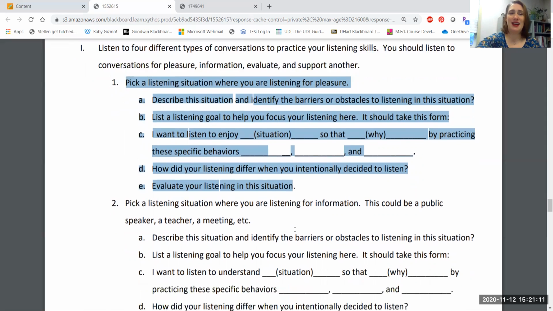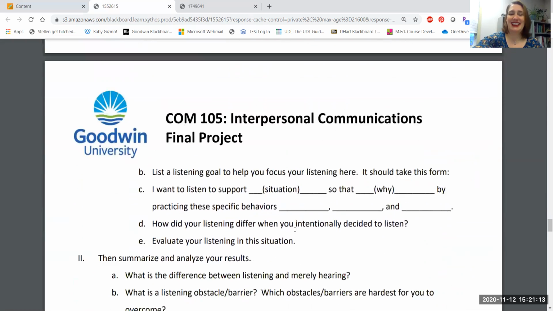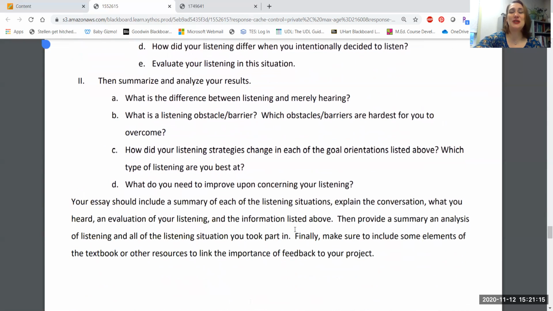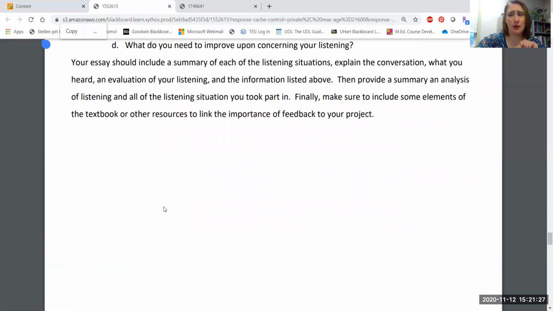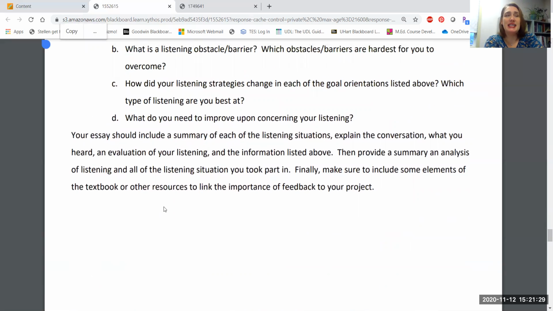Okay. All right. And there's the bottom of 5. So your paper, again, talking about listening versus hearing, obstacles, barriers, and how your strategies might change from conversation to conversation. And what's neat about that one too, I want to go back for a second. What's neat about that one too is you don't have to listen simply to conversations.